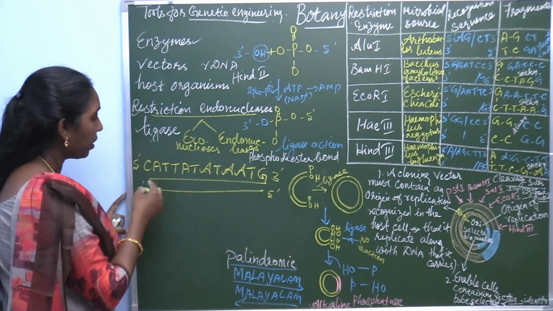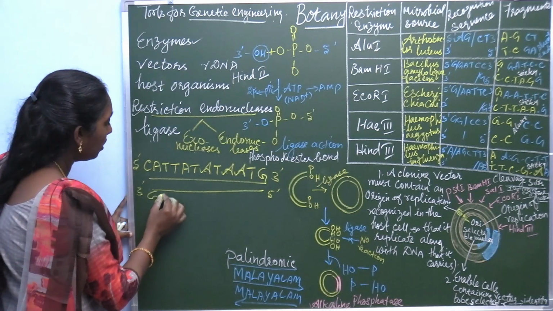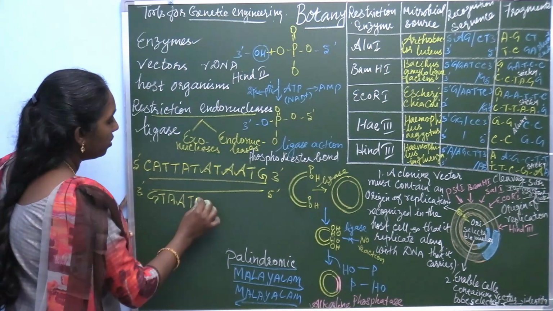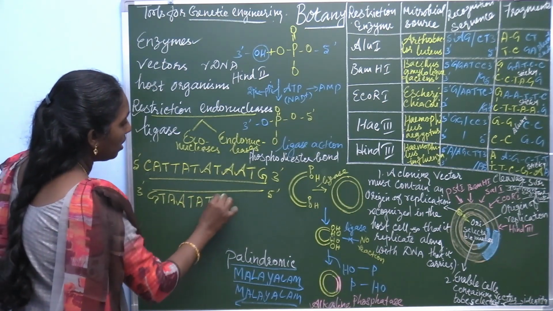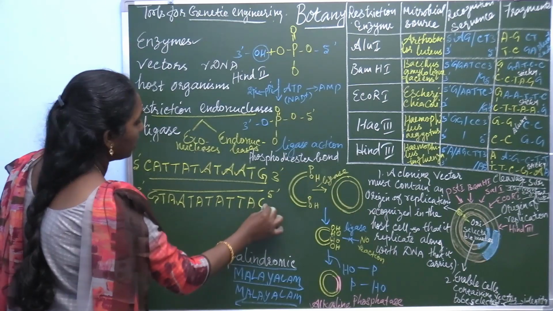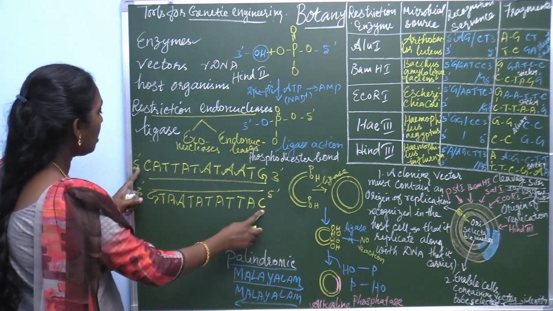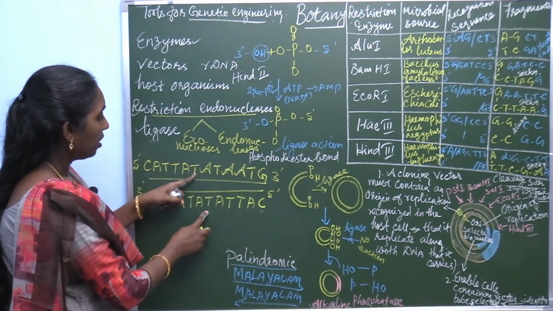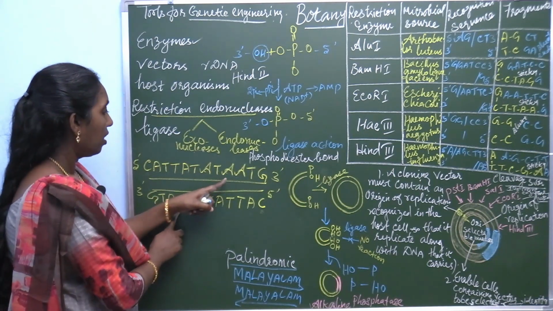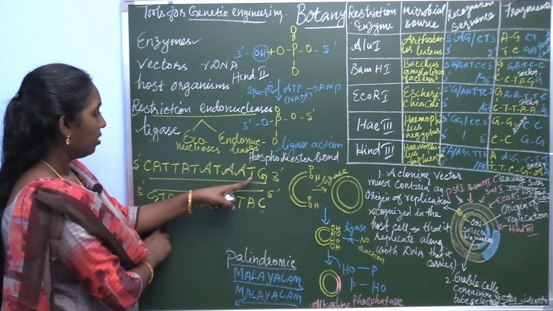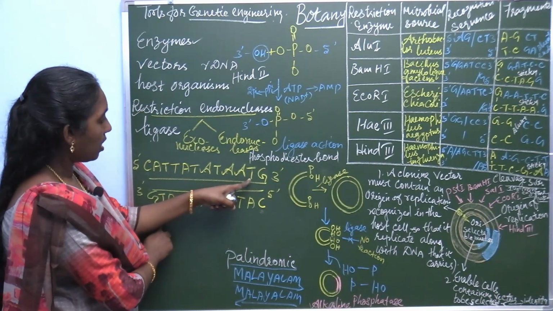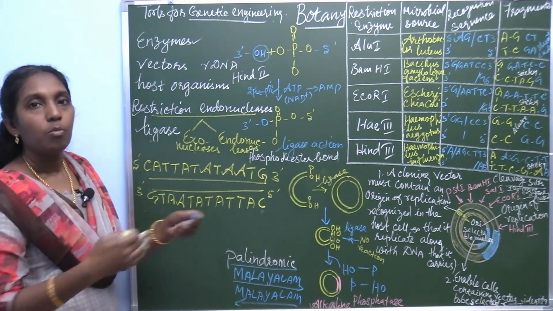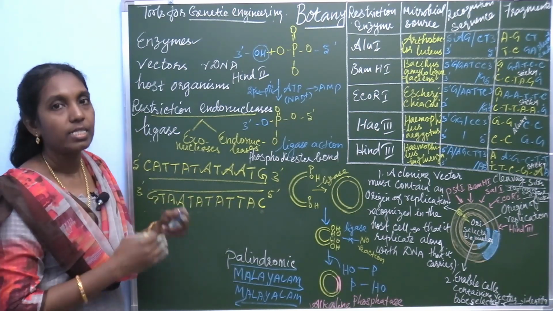C always combines with G, A with T. So the complementary strand is written as T, A, T, A, T, T, A, T, T, A, T, T, A, C. Say this: C, A, T, T, A, T, A, T, A, T and G. So in this direction and this direction, both directions it reads as the same sequence.